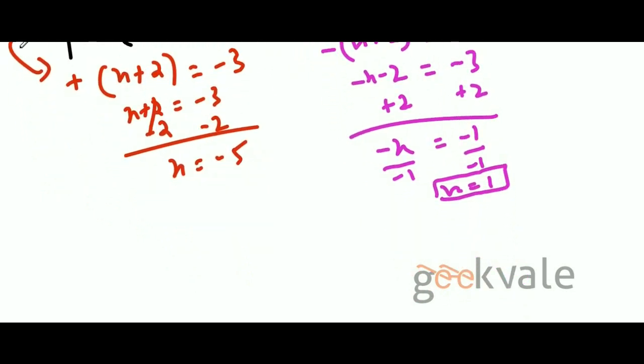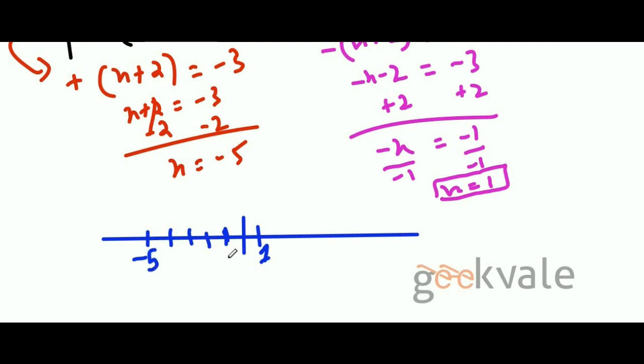So, let's plot it now. And I hope after plotting it, the confusion about the minus 3 distance will also go away. Okay, this we have just plus 1, and on the left side we have 1, minus 2, minus 3, minus 4, minus 5. There we go. And the central point was minus 2.